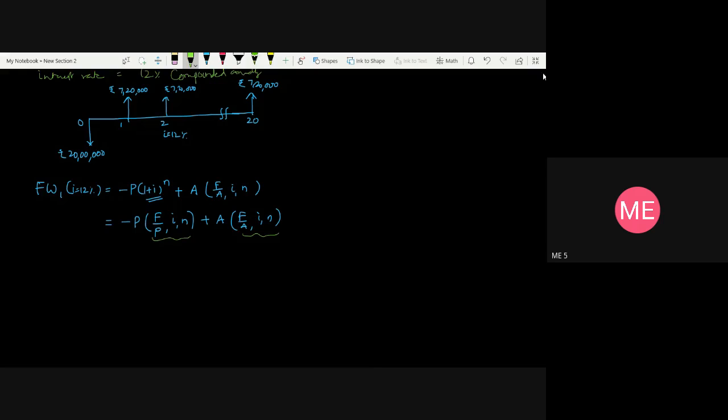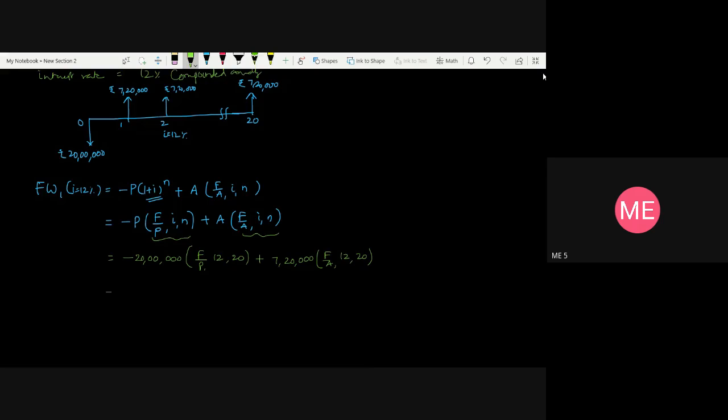So the equation is minus 20 lakhs into F by P, 12%, 20 years, plus 7,20,000 into F by A comma 12 comma 20.